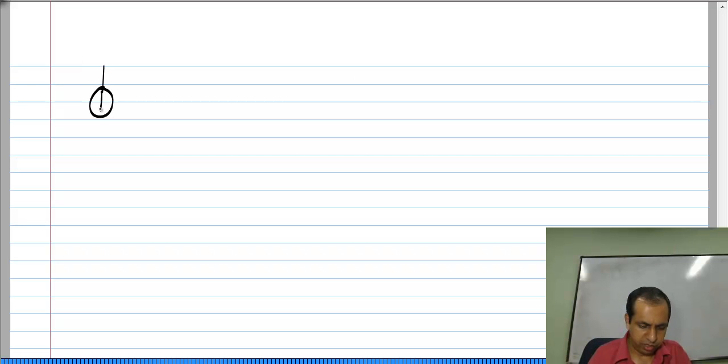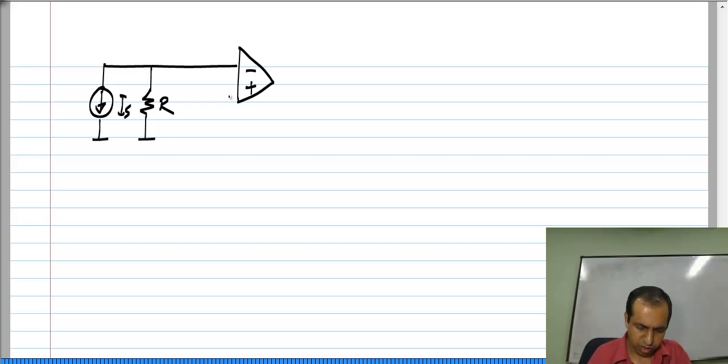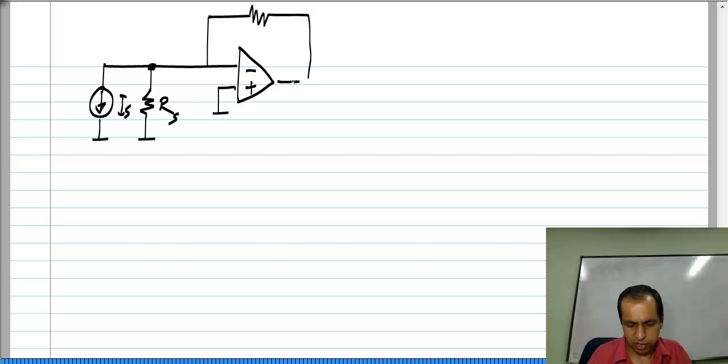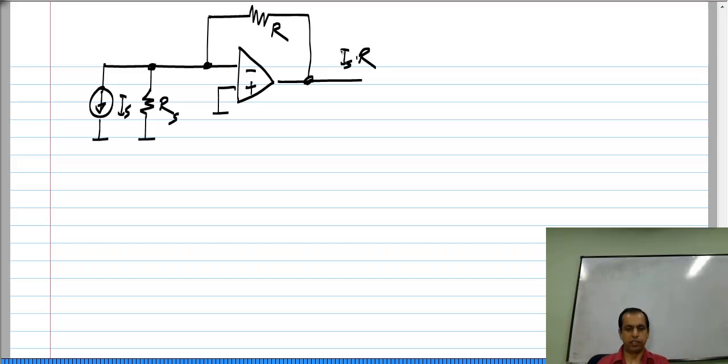So, let me again consider my circuit. We know that even if there is an Rs in parallel with Is, okay, the output voltage is Is times R. This comes from straightforward circuit analysis.